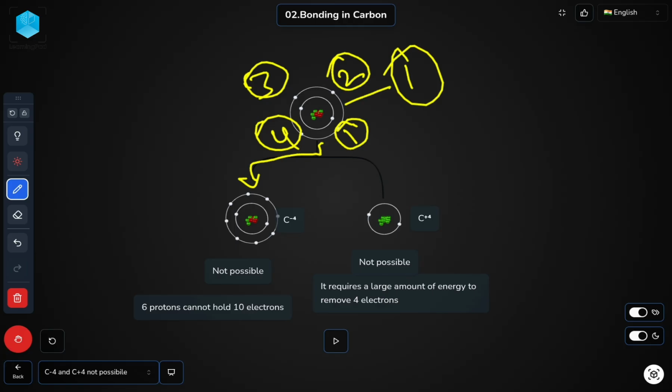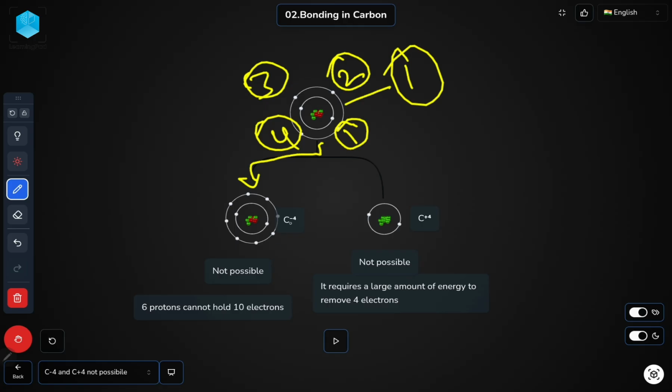So, when does an atom become stable? If it has octet electronic configuration. It means 8 electrons in its outermost orbit. So, if carbon has to attain stability, it has to either take 4 more electrons, or it has to lose those 4 electrons and become C plus 4 by having only the first orbit with 2 electrons.